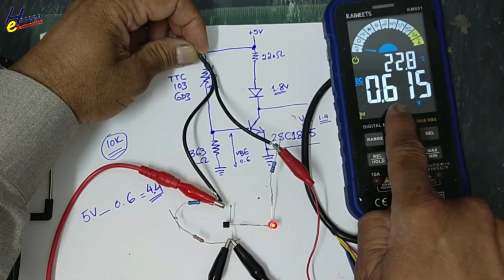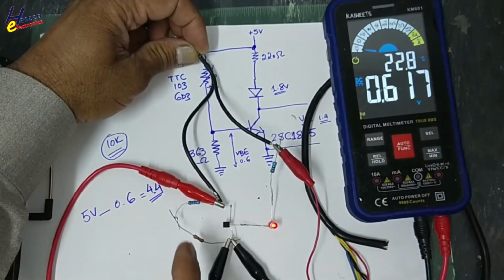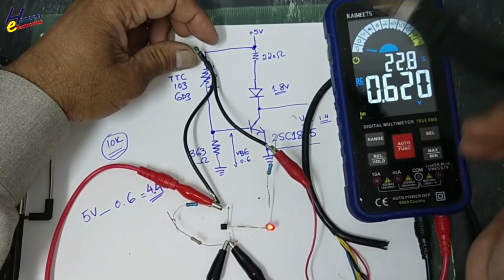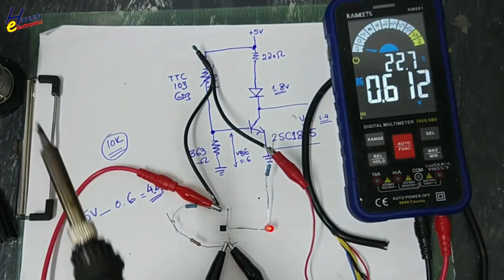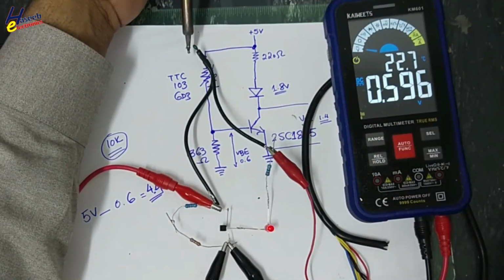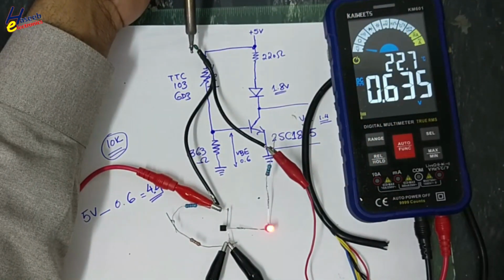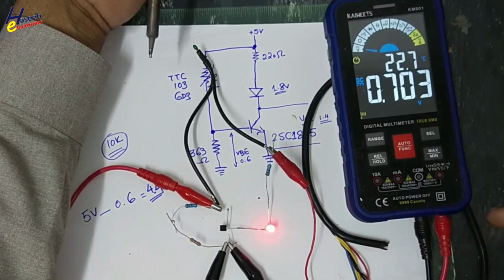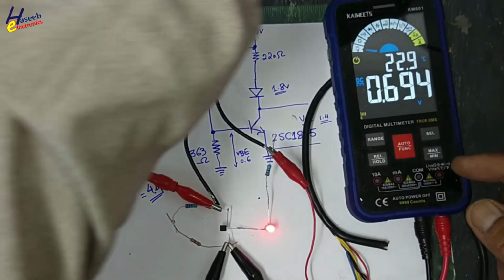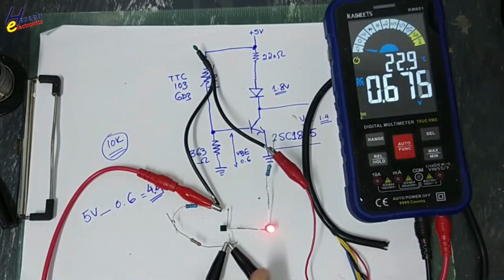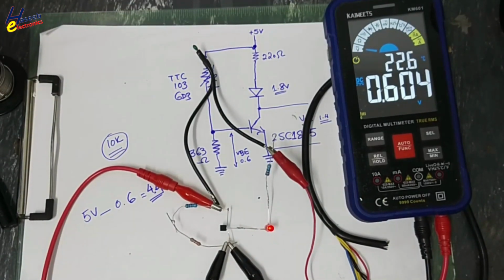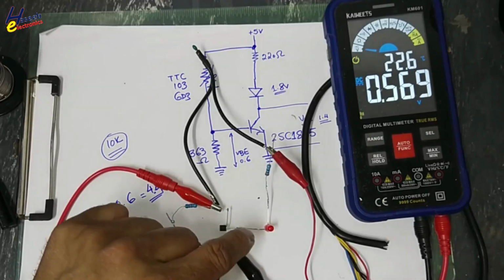The voltage is 0.615, because we considered just only this current. Let's heat it up. Yes. When the temperature will decrease, it will turn off again. Yes, it is off now. It is off.